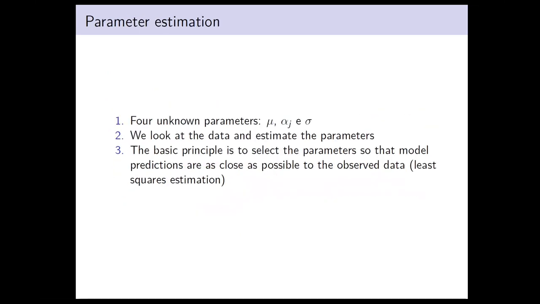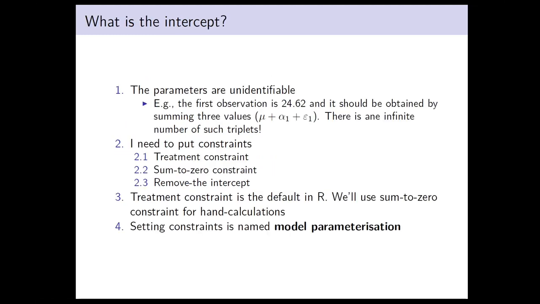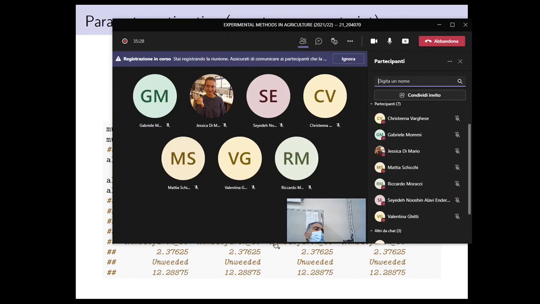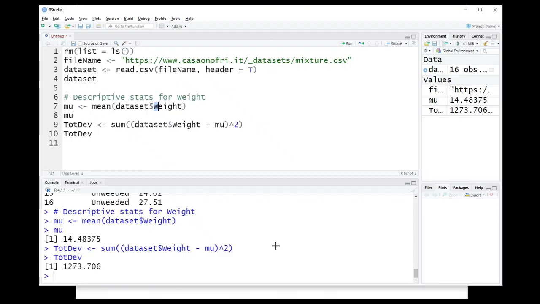Let's go to parameter estimation. So the model, I'm writing the model here so that we remember what we are talking about. The model is y equal mu plus alpha j plus epsilon ij.